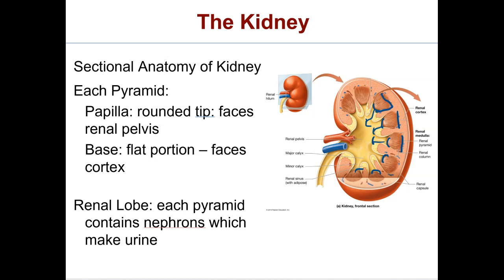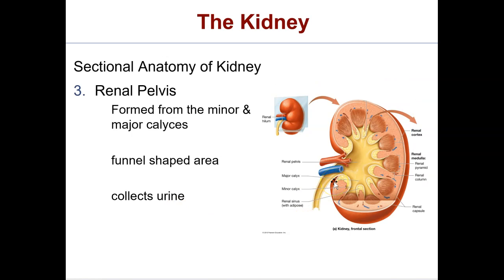So think of the pyramids as pyramid-shaped structures or triangular-shaped structures, and each has a base and a papilla. Now, each pyramid is going to form what's called a renal lobe, and there's usually about 7 to 8 lobes. So I'm going to circle these lobes here, or these pyramids, and I see that there's 1, 2, 3, 4, 5, 6, 7, 8 in this particular image.